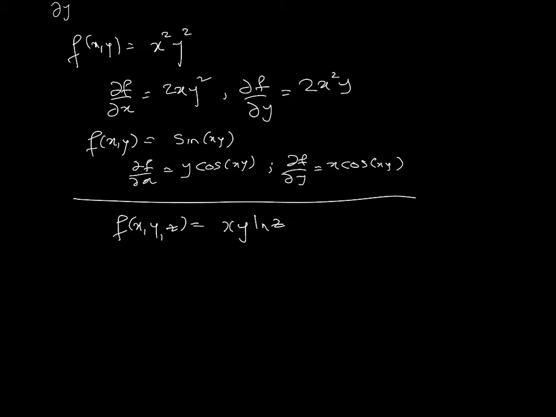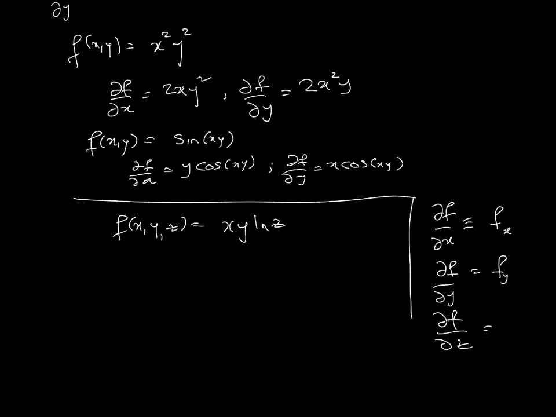I want to introduce another notation, a shorter way to represent the derivatives: f sub x is the x derivative, f sub y is the y derivative, and similarly f sub z is the z derivative. So if I want to calculate f sub x, the x derivative of f, that's going to be y ln z.